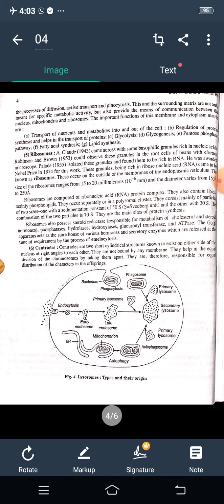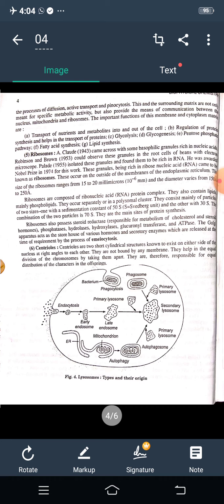They consist mainly of proteins of two sizes, one with a sedimentation constant of 50 S. So, ribosomes also possess steroid reductase responsible for metabolism of cholesterol and steroid hormones, phosphatases, hydrolase and hydroxylase, glucuronyl transferase and ATPase, etc.